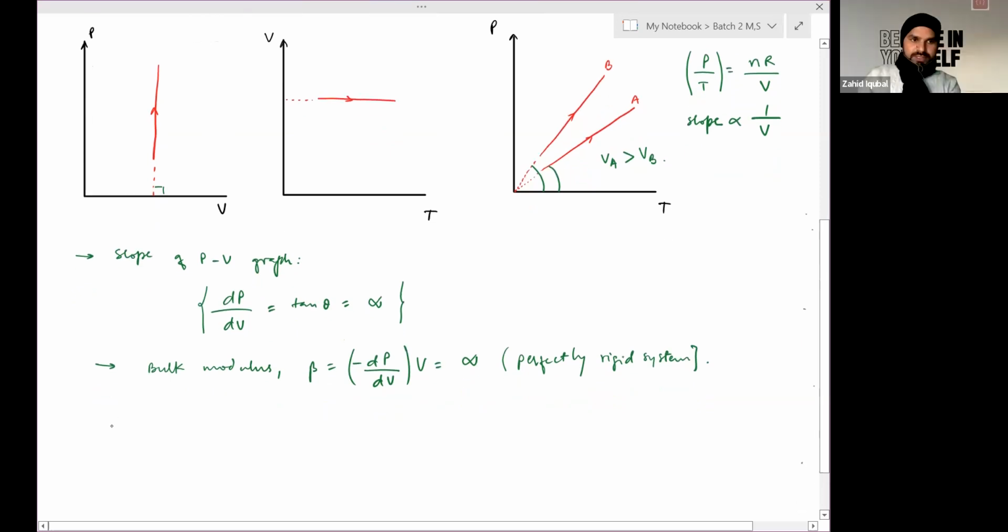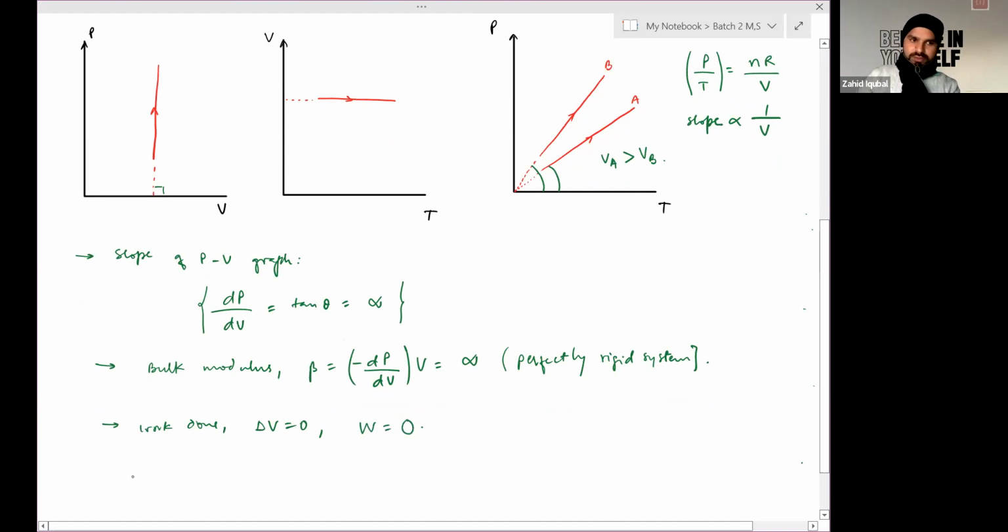Next, we have to calculate work done. Since in this part there is no change in volume, there will be no compression or expansion of gas, so work done in this process will be 0.